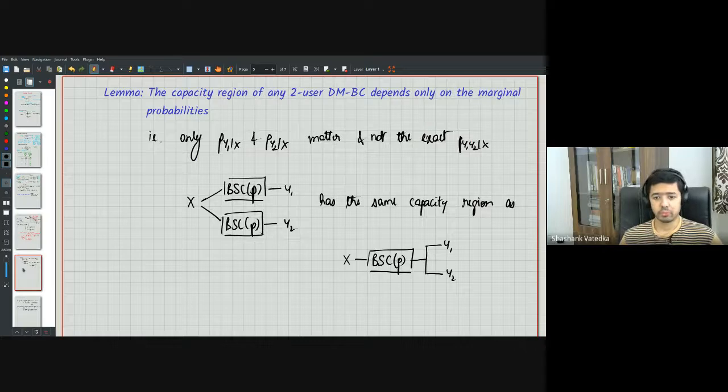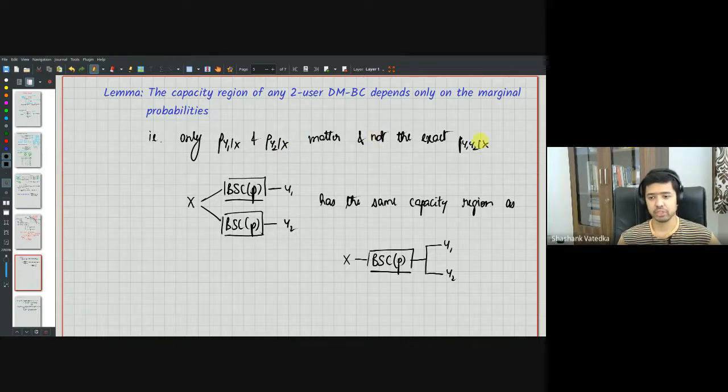I'll make one last point and then we'll stop there. For any 2-user discrete memoryless broadcast channel, in fact for any k-user discrete memoryless broadcast channel, the capacity region just depends on p(y1|x), p(y2|x), up to p(yk|x).